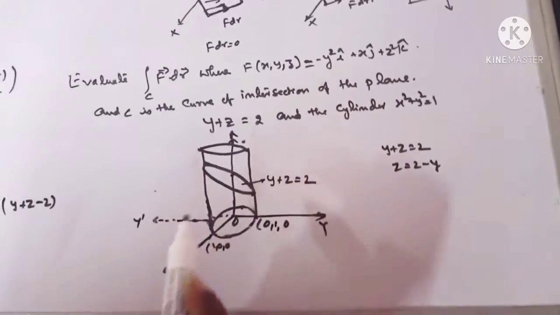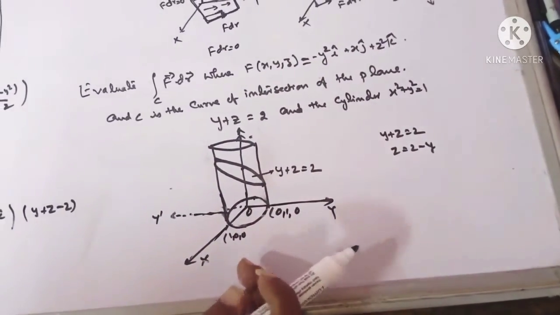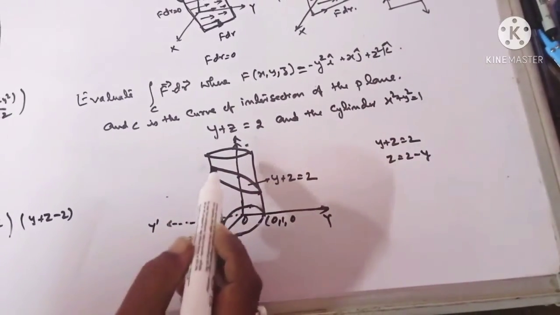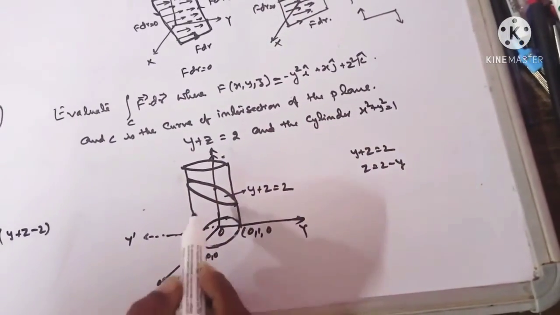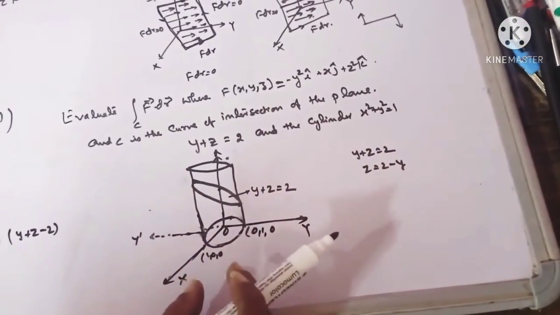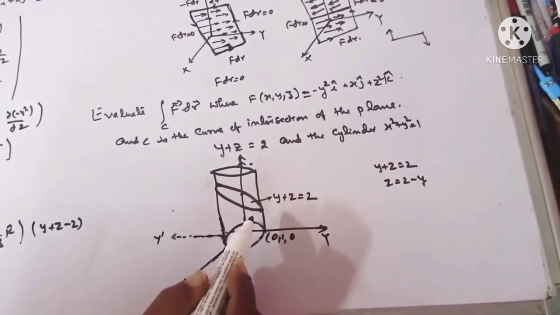Unless and until you come out with the figure, you will be unable to solve it. The main point is the 3D figure created by the intersection of this plane and the cylinder. Only when you are able to figure it out can you solve this problem.